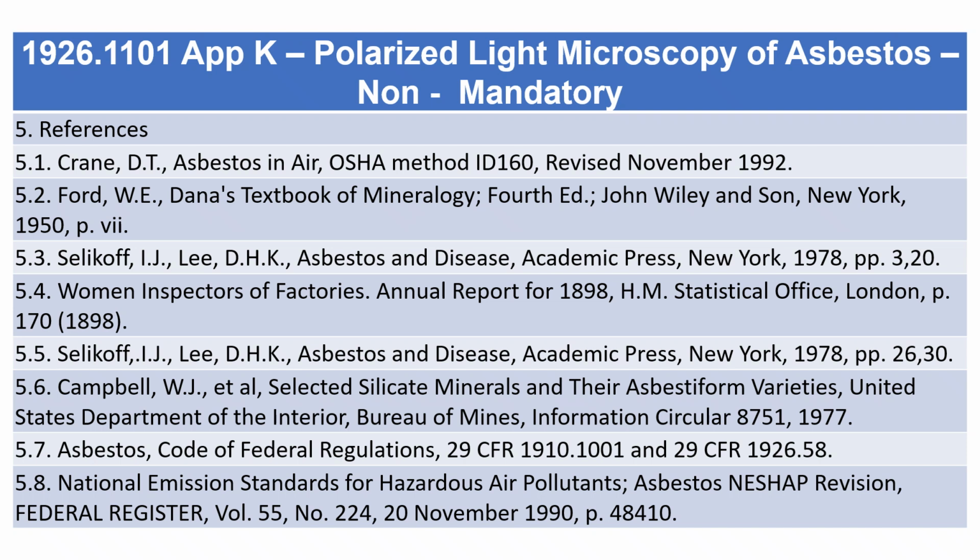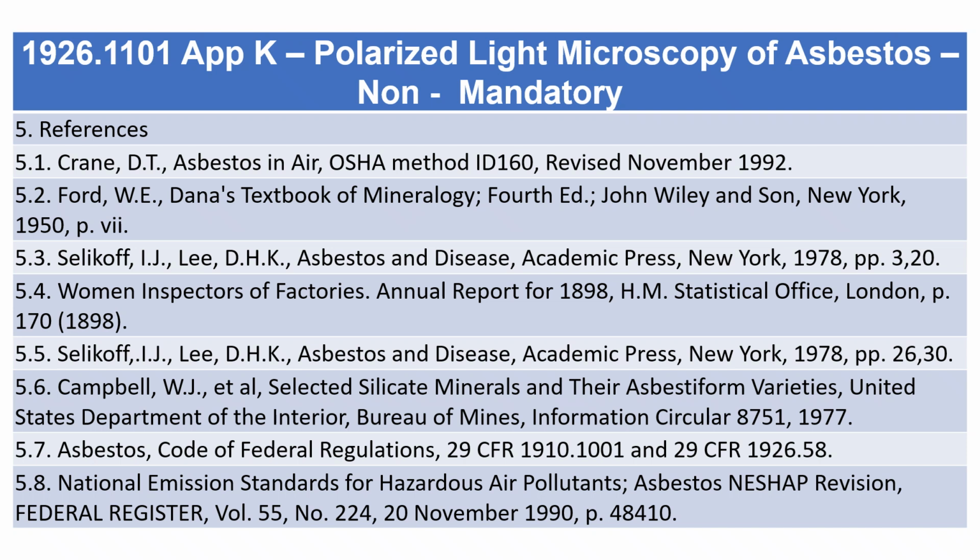5.5. Selikoff, I. J., Lee, D. H. K., Asbestos and Disease, Academic Press, New York, 1978, pages 26-30. 5.6. Campbell, W. E. J., et al., Selected Silicate Minerals and Their Asbestiform Varieties, United States Department of the Interior, Bureau of Mines, Information Circular 8751, 1977. 5.7.